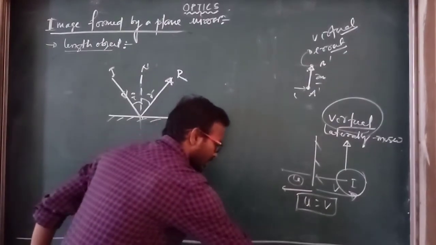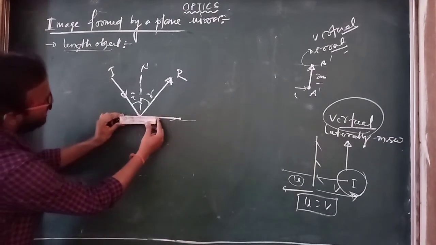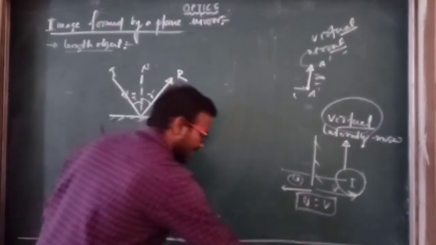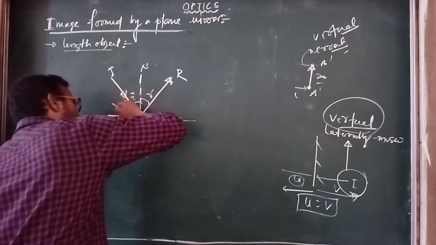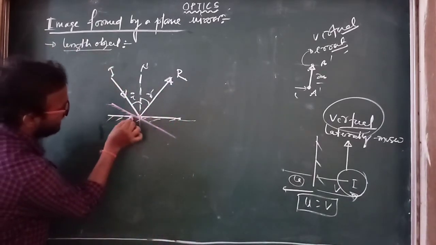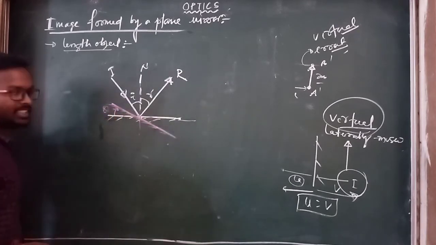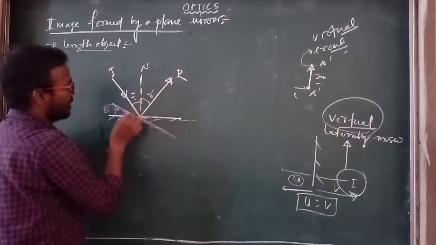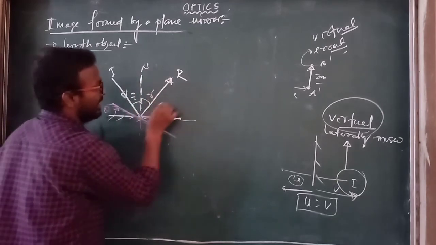Clear now? If you rotate this plane mirror by some angle theta, like this, then the reflected ray rotates, because there is another normal here, so the reflected ray rotates in this direction.